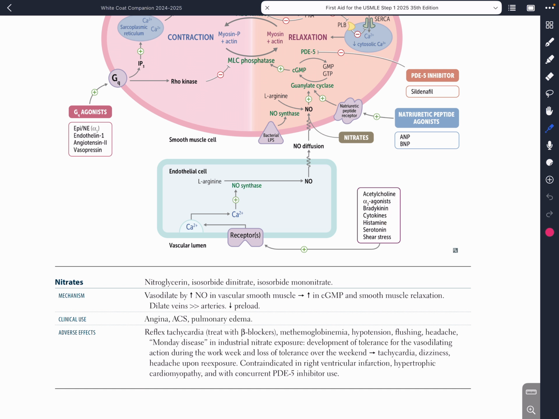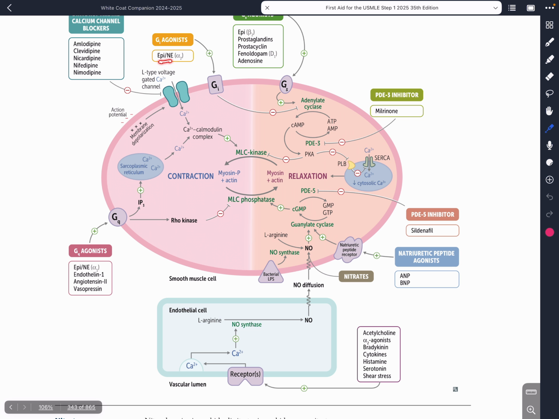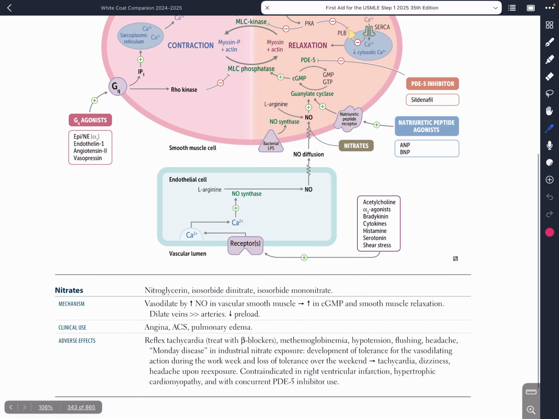So what activates acetylcholine receptors? This is actually very important, guys. So the receptor is activated by alpha-2 agonists. We just read that alpha-2 agonists are epinephrine, norepinephrine. So acetylcholine receptors are activated by alpha-2 agonists, bradykinin, cytokines.